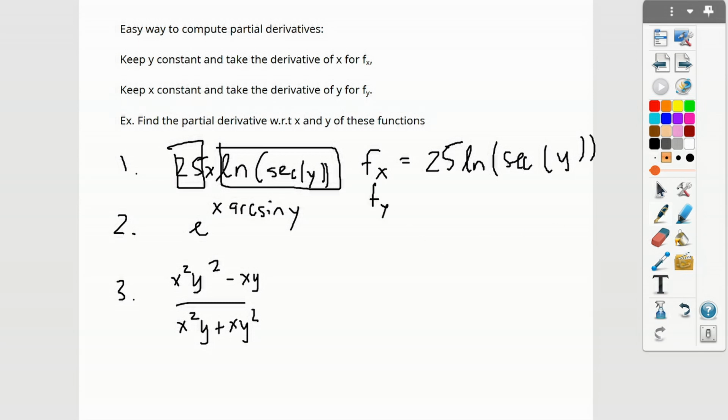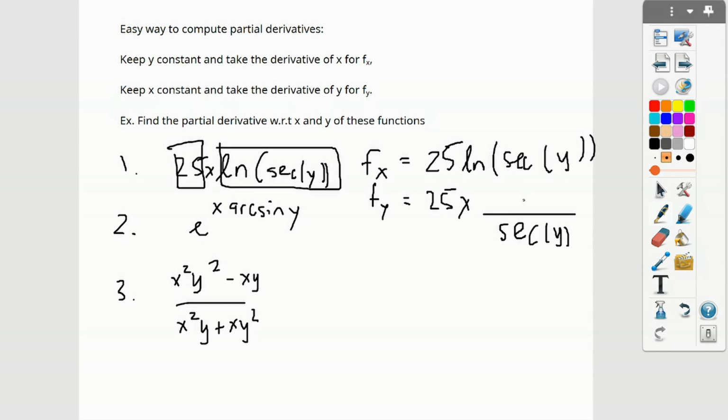So what about with f sub y? F sub y is a little bit harder because 25x is the only constant in this case, because everything else is manipulating y. The natural log is manipulating the secant, which is manipulating y. So 25x is the constant and comes outside, and then we can use the chain rule. Whatever is at the top will be the derivative, and the bottom will be secant y, because the derivative of the natural log is 1 over the function inside multiplied by the derivative of the function inside.